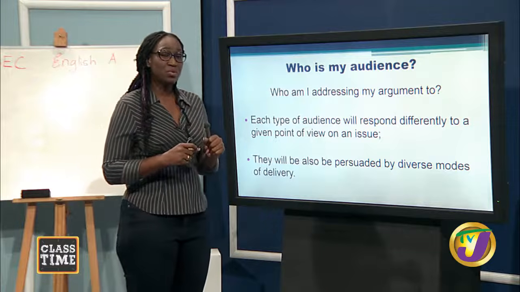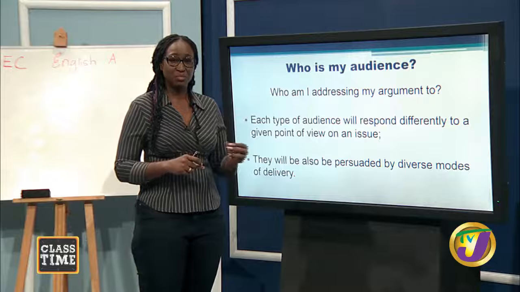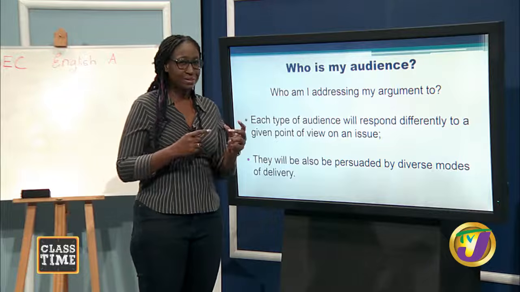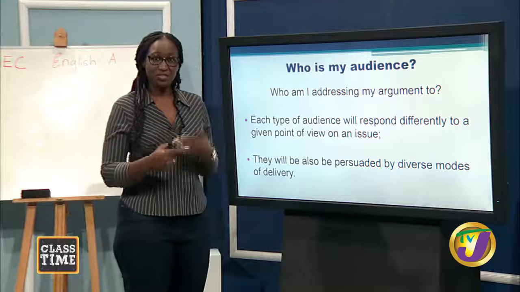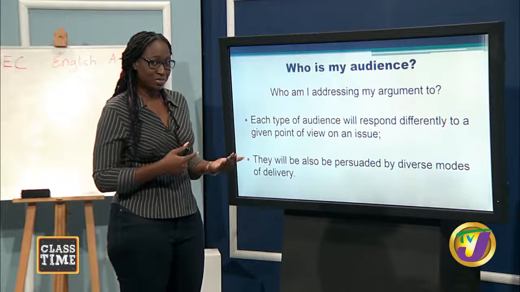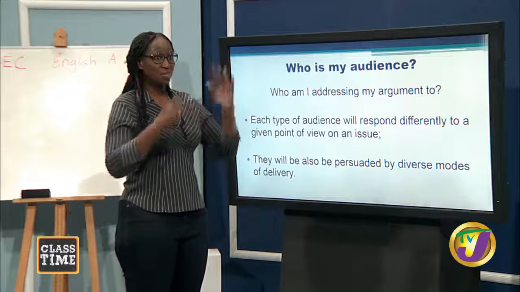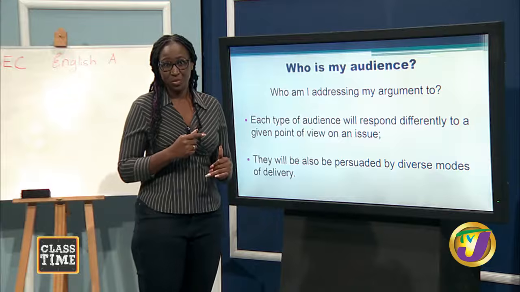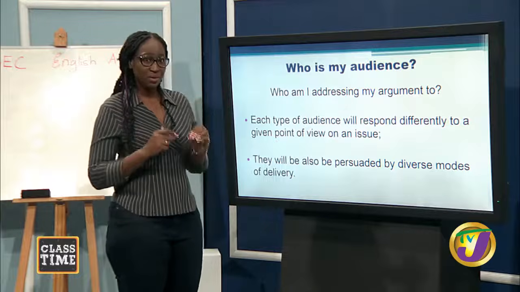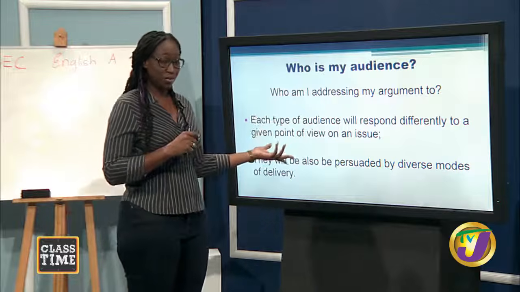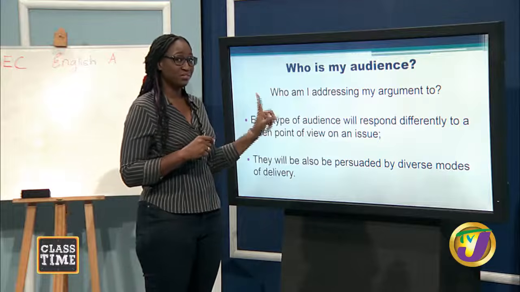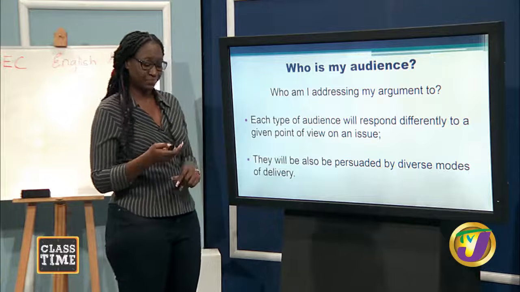If it is somebody who is more rational, logical, analytical, calculating, then you have to use those devices that appeal to that type of person. So based on the wealth of devices you have been exposed to, you now narrow it down to which ones are the most appropriate for this type of audience.